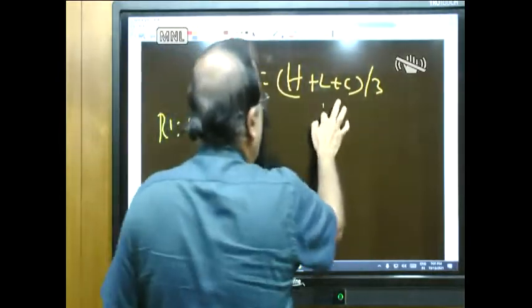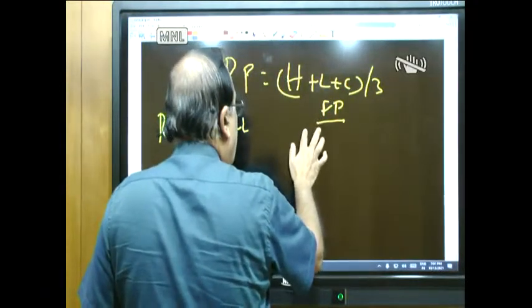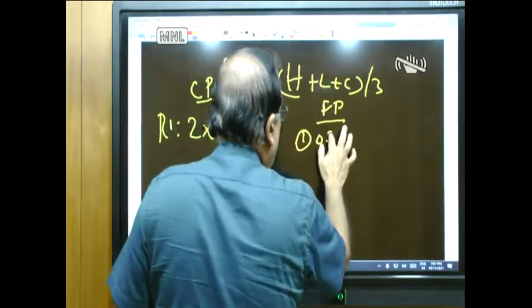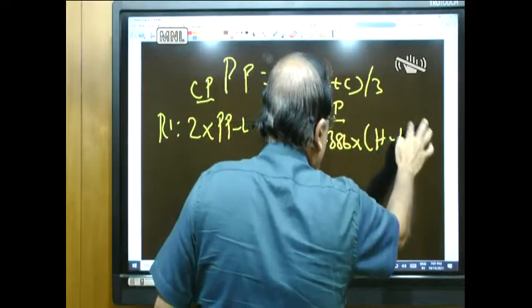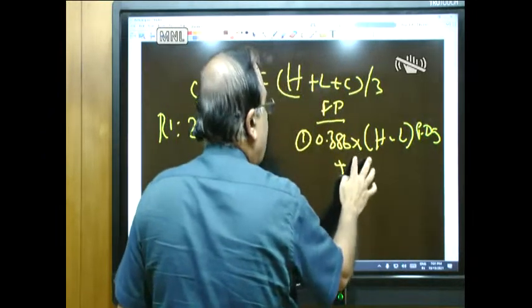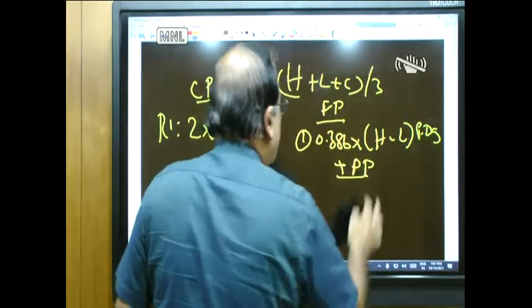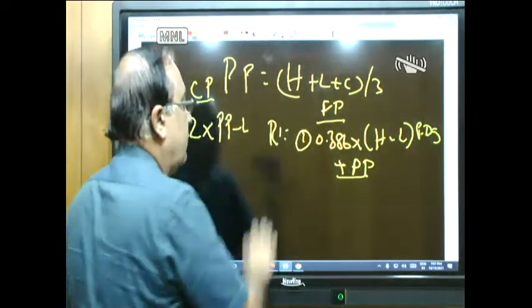In the case of Fibonacci pivot, R1 will be 0.386 into the previous day range, high minus low of the previous day, plus PP. So this is R1 as far as Fibonacci pivots is concerned.